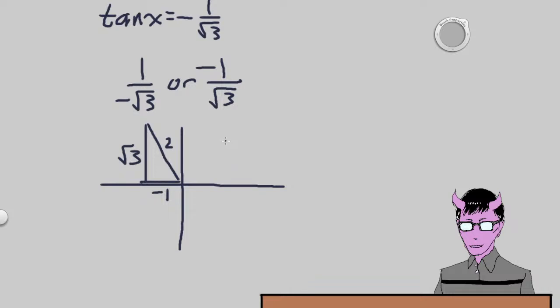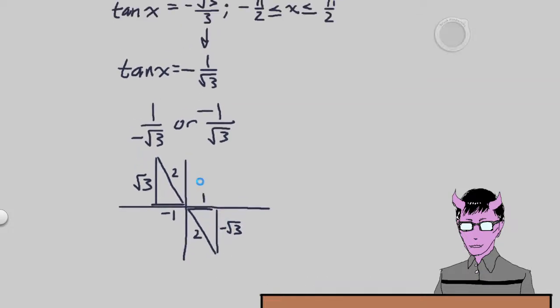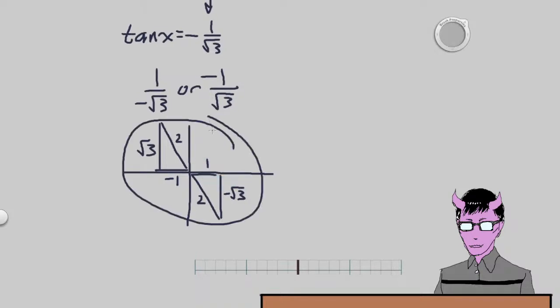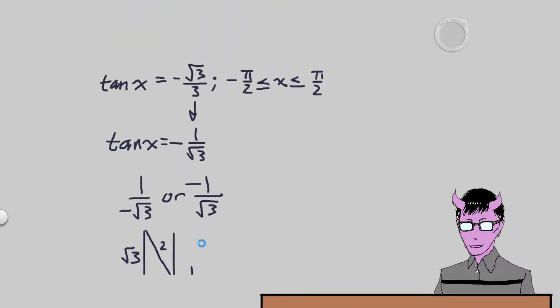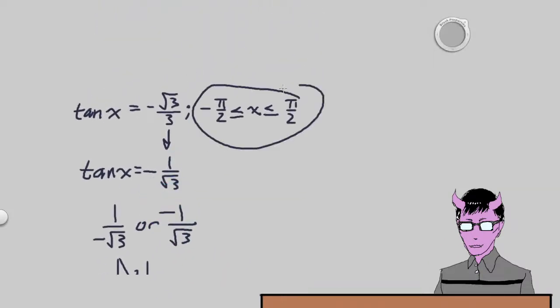So that is one possible scenario, and then we have this other one right here with a positive adjacent, therefore leading here, and then we have a negative opposite, so going downwards like so. So again, positive adjacent 1 relative to negative opposite root 3. Hypotenuse is still 2 for the ratios. Those are the scenarios that we are considering, and then our domain restriction is kind of like that.